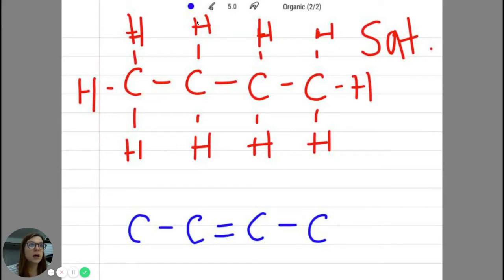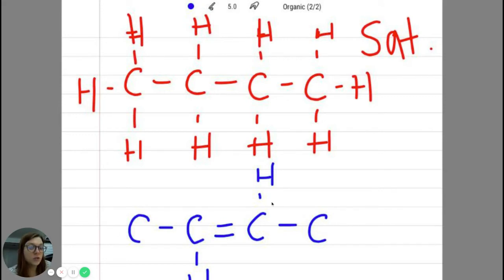So instead of it getting a hydrogen on the top and a hydrogen on the bottom, it's only going to get 1. I'm going to put it on the bottom just for the sake of space here, but realistically, it could have gone either way. Usually we'll draw one on the top and one on the bottom just because those hydrogens are going to try to repel each other, because everybody likes to have their own space.